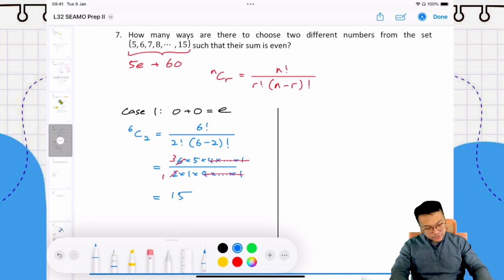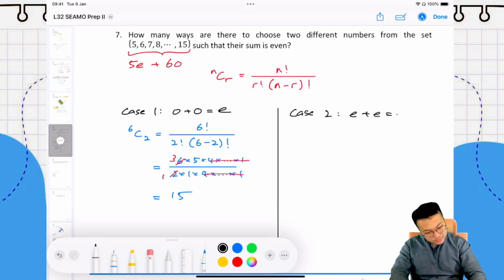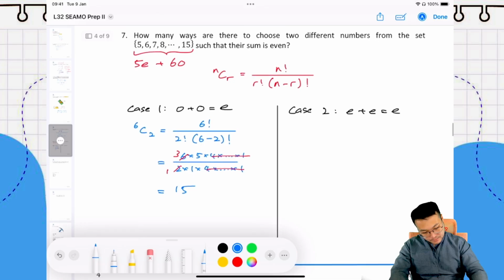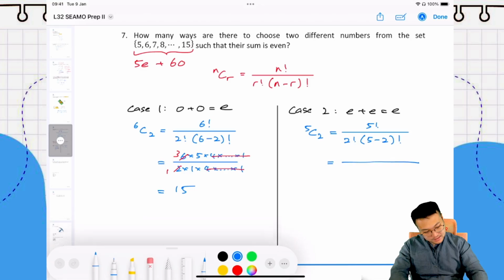15. There you go. Now for the next one, case 2, we are going to do even plus even equals even. So what should I write? 5 choose 2. Very good. Equals 5 factorial over 2 factorial times (5 minus 2) factorial. Excellent.